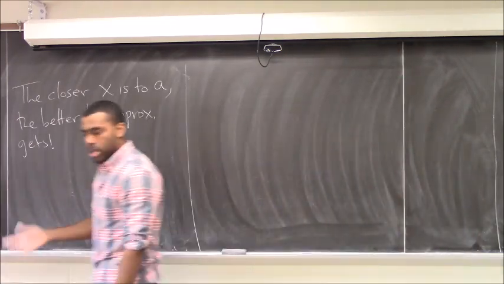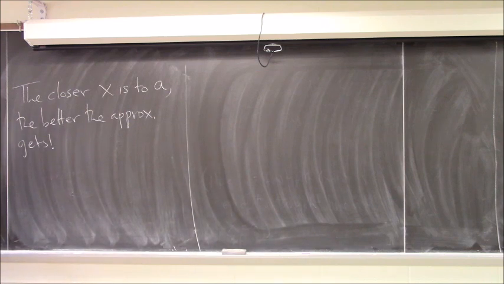And for this topic, this is a typical kind of question you will be asked to do. So you can see an example of a kind of question that I can ask on a quiz or a test here.